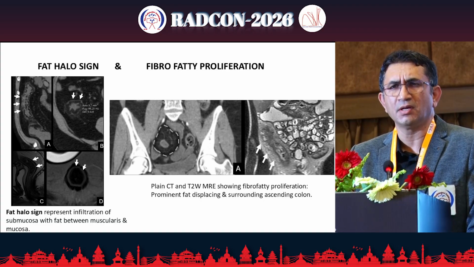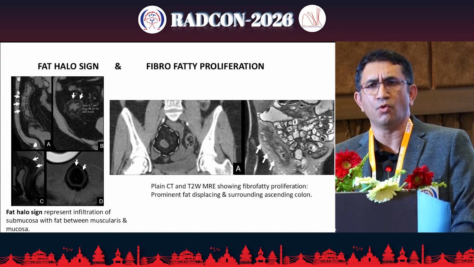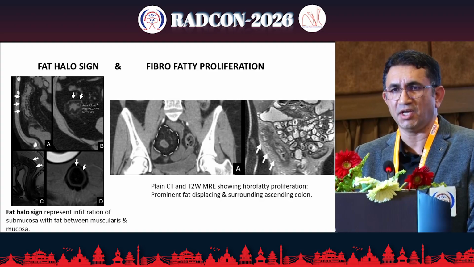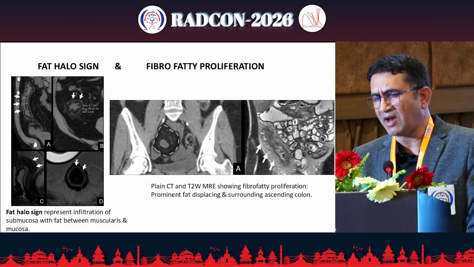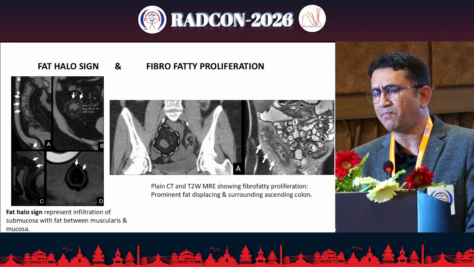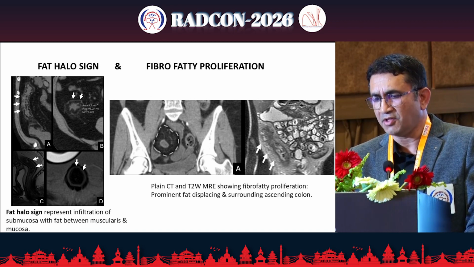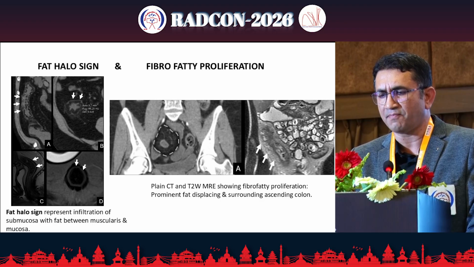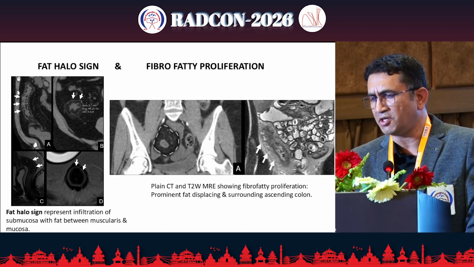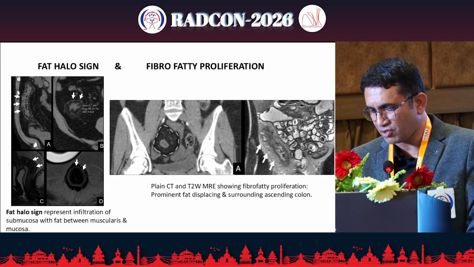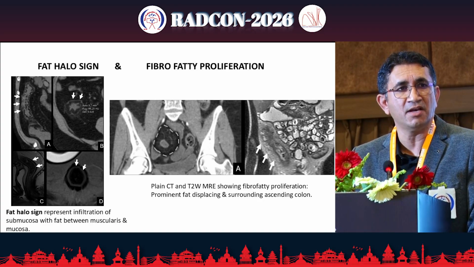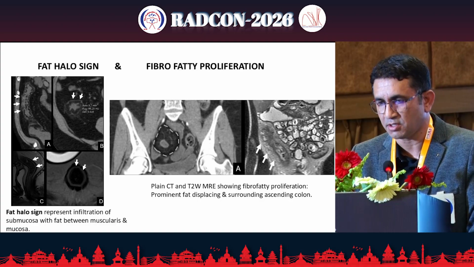But without known IBD, it can also be seen in normal bowel. Fibrofatty proliferation is a proliferation of fat and fibrous tissue, which displaces the bowel and adjacent mesenteric vessels laterally. These are again signs of chronic disease, not active disease.